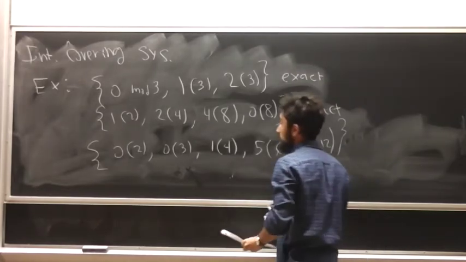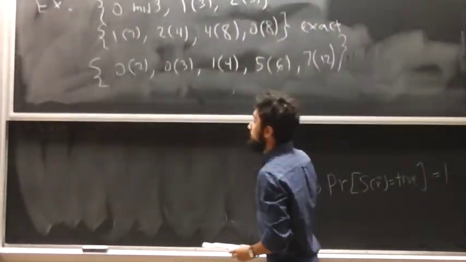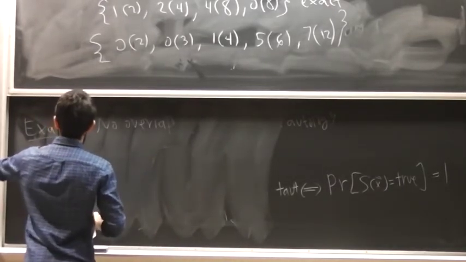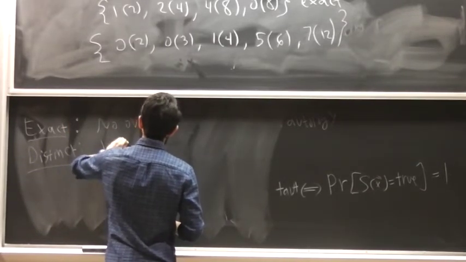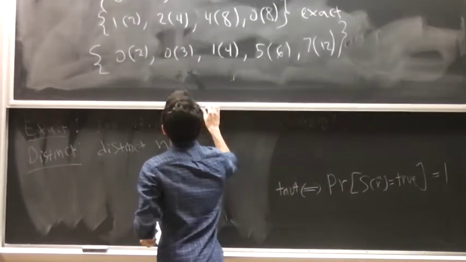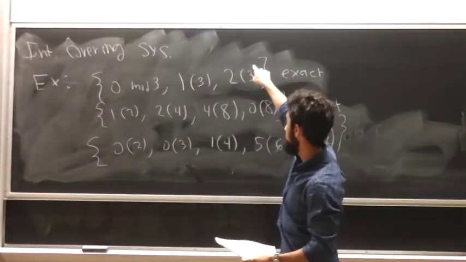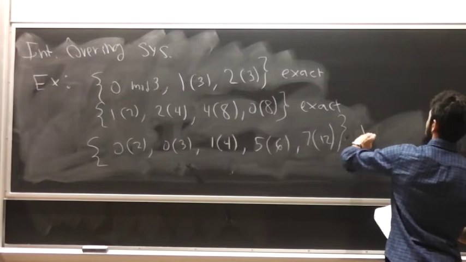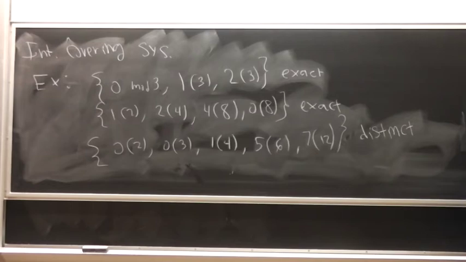And the last one turns out to not be exact because there's overlap. Any questions about that? Then distinct. That just means all the moduli are distinct. Here the modulus 3 gets repeated, so that's not distinct. 8 gets repeated, so only this one would be distinct. Any questions about that?